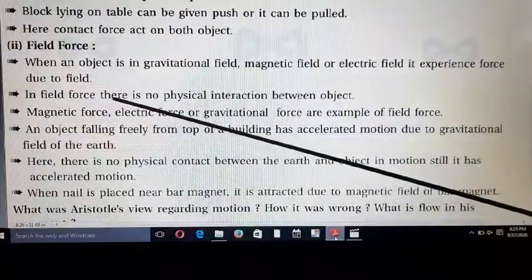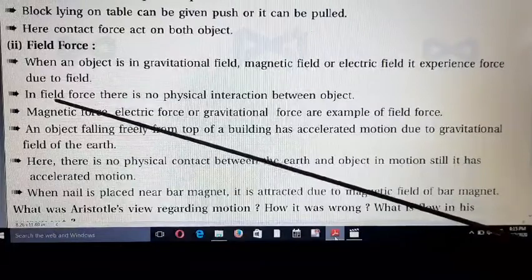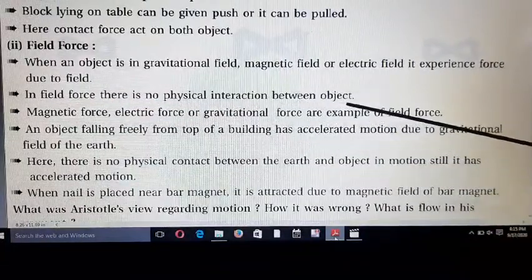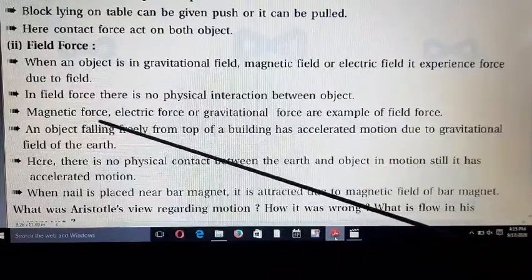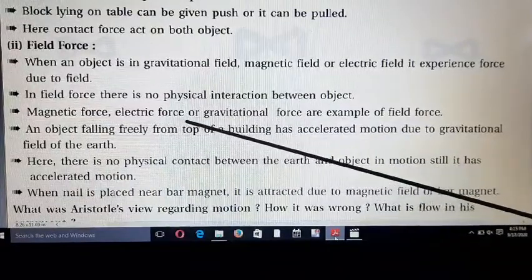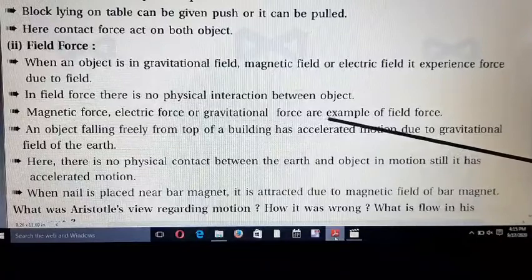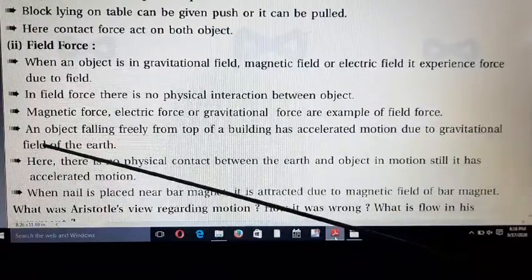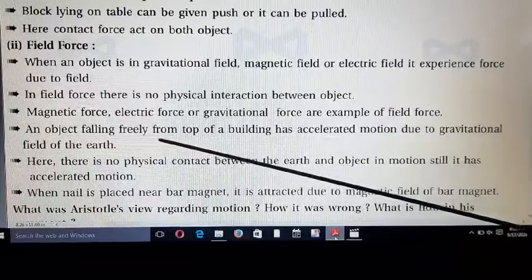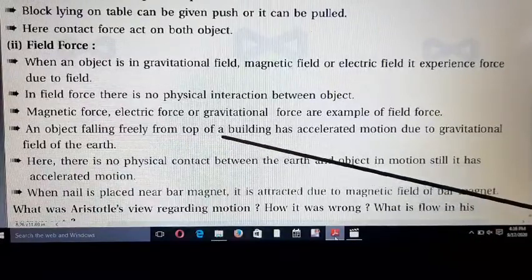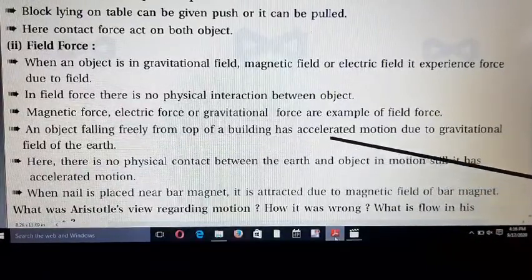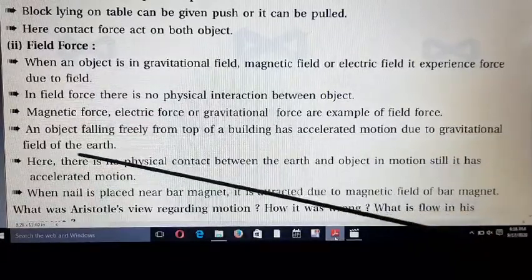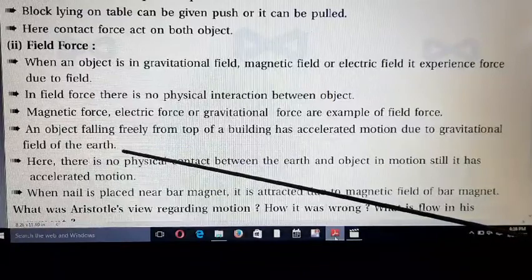In field force, there is no physical interaction between objects. Magnetic force, electric force, or gravitational force are examples of field force. An object falling freely from the top of a building has accelerated motion due to the gravitational field of the earth.